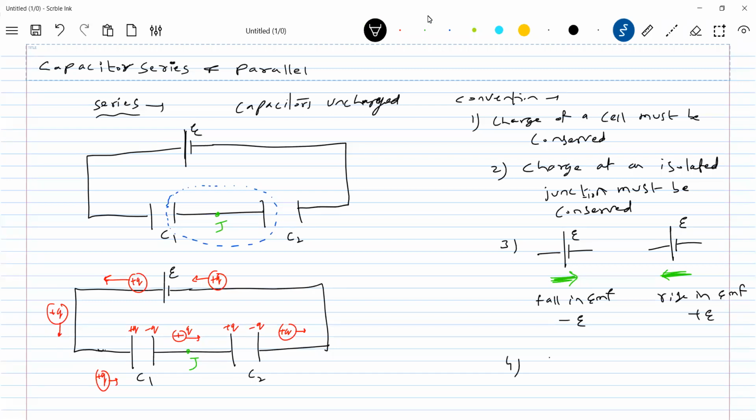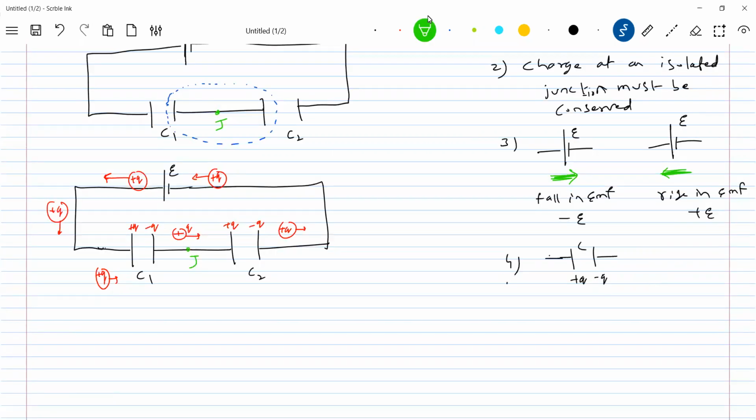Then across a capacitor, this plate has charge Q and this is minus Q. If you traverse like this, it will be a fall in potential, minus Q by C. In the opposite direction, it will be a rise in potential.